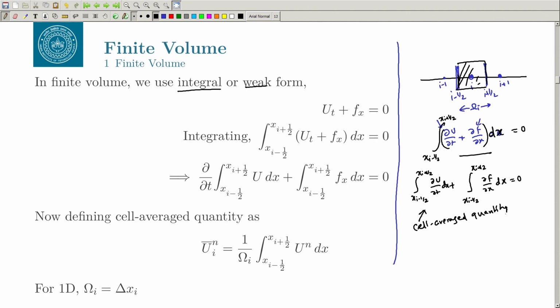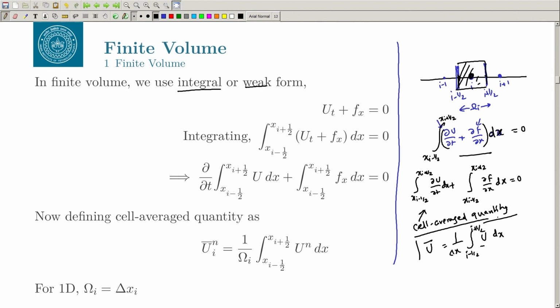That means the value residing at the cell center is the average of the value. So, your u may have variations from I minus half to I plus half, but we can take an average of that. You integrate it from this to this and divide by the length of this delta x, and then it will give you the average value.